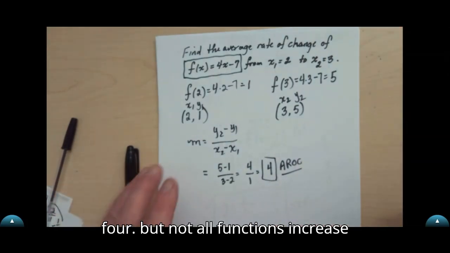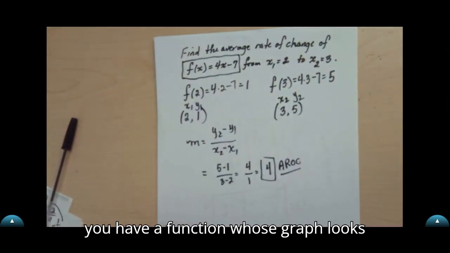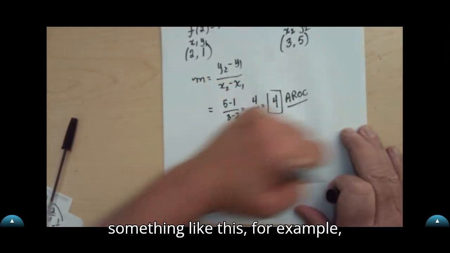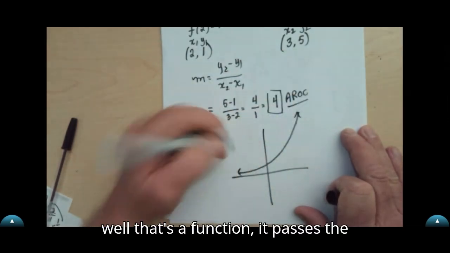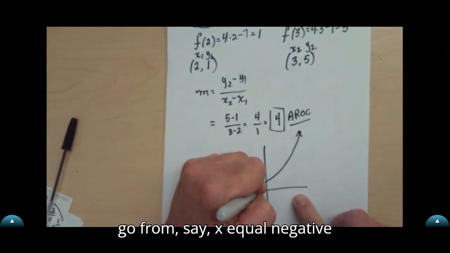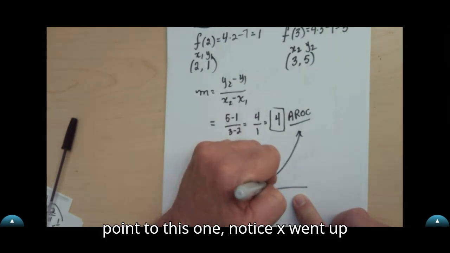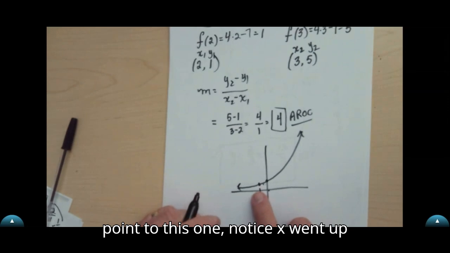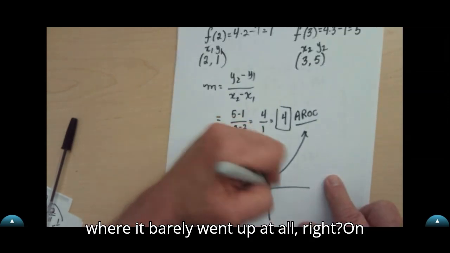But not all functions increase at the same rate all the time, right? If you have a function whose graph looks something like this, for example, well, that's a function. It passes the vertical line test. But notice when you go from, say, x equals -1 to 0, from this point to this one, x went up by 1, but y barely went up at all, right?